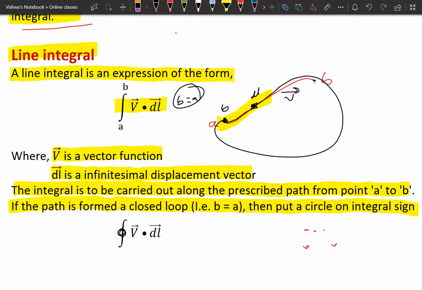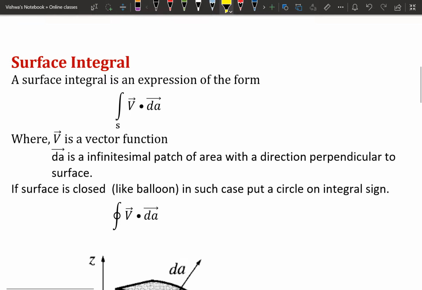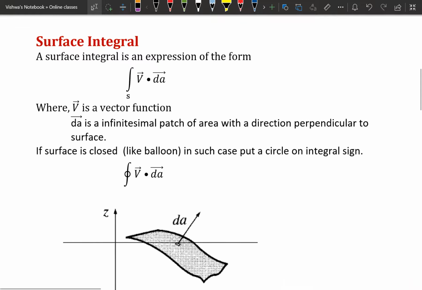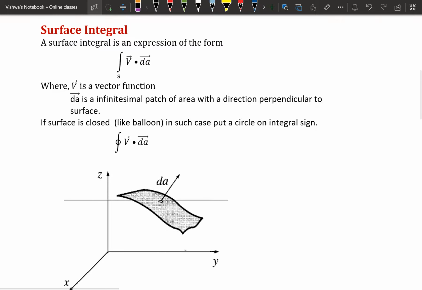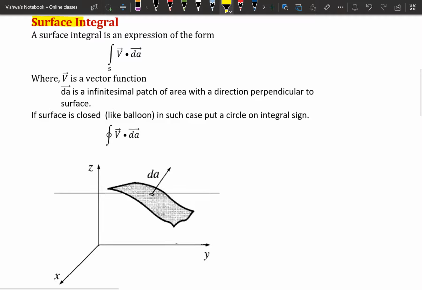And the next one is the surface integral. A surface integral is an expression of the form integral of v dot dA.